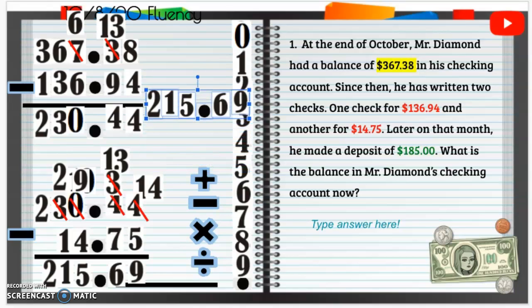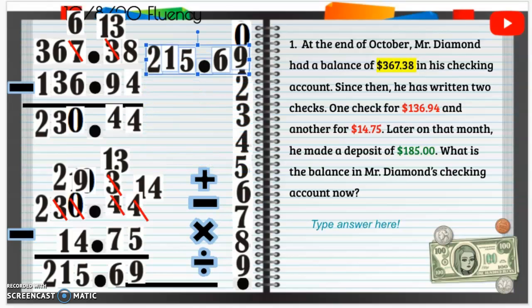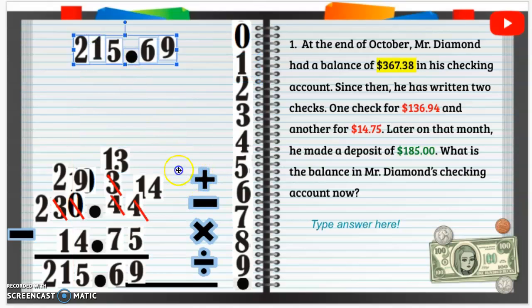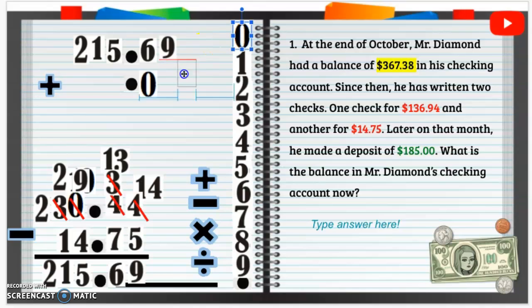I'm actually going to remove all that so we have a little bit more space. Now we're going to be able to add our $185 more clearly. Also, line them up. Line up those decimals. Alrighty, so we have 185.